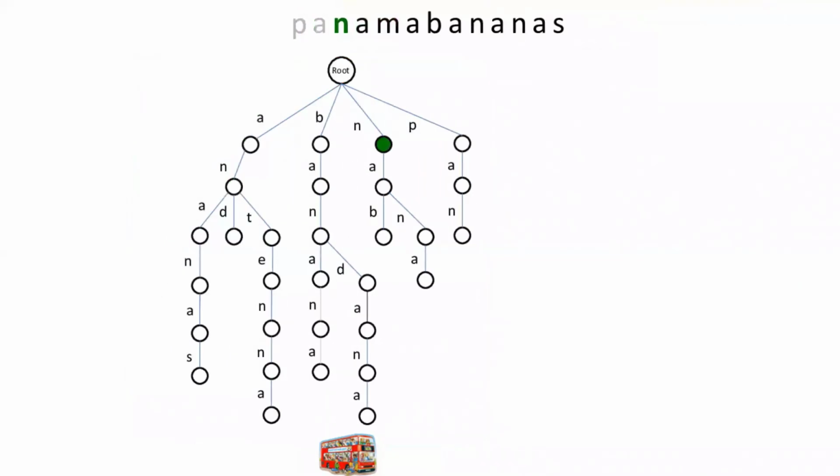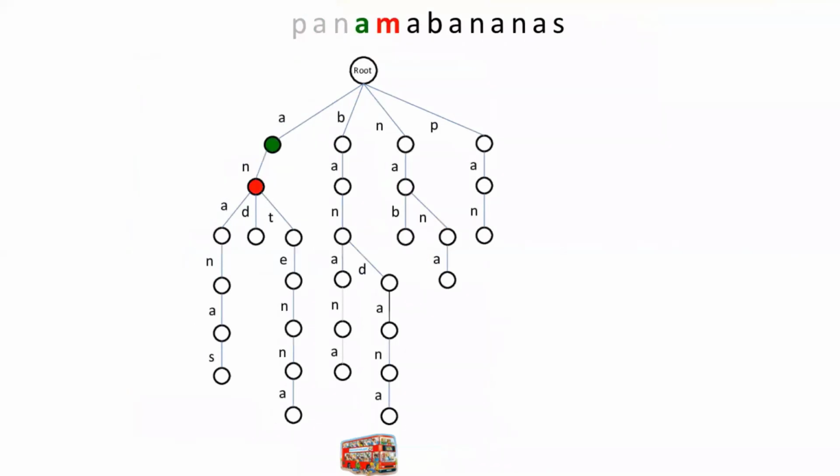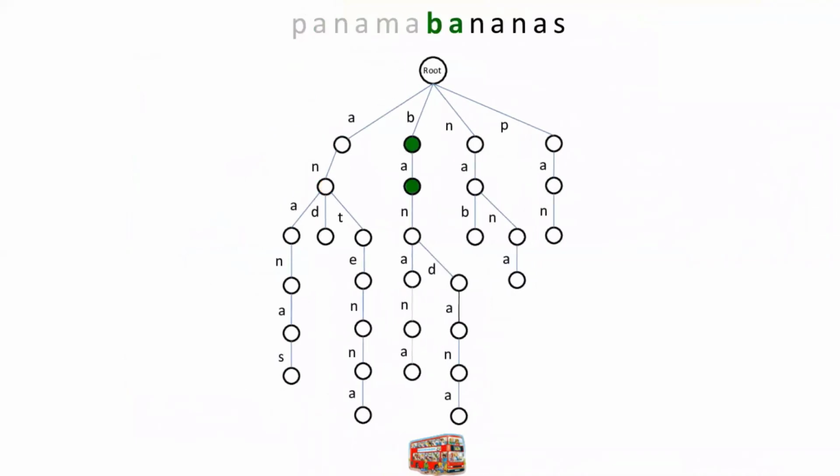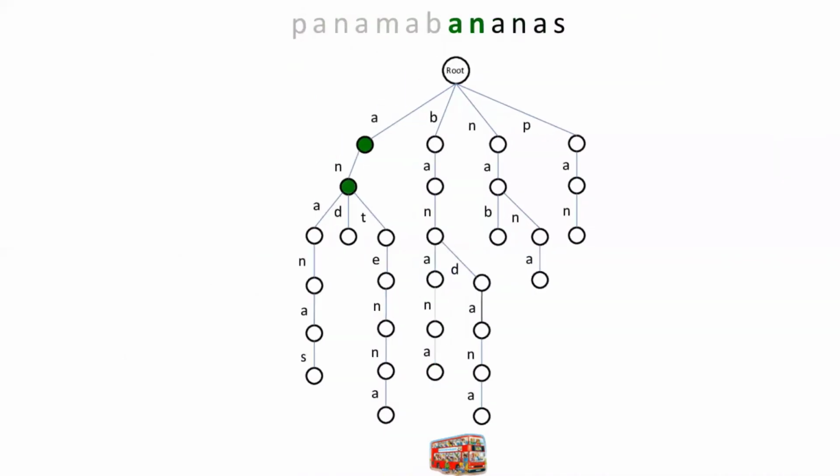I'm going to move on to the next one and repeat the process. If I get stuck, I will declare that there's no occurrence. If I don't get stuck and successfully get to a leaf node, that would indicate the presence of that pattern in the genome. And so on for the remaining locations of the genome.